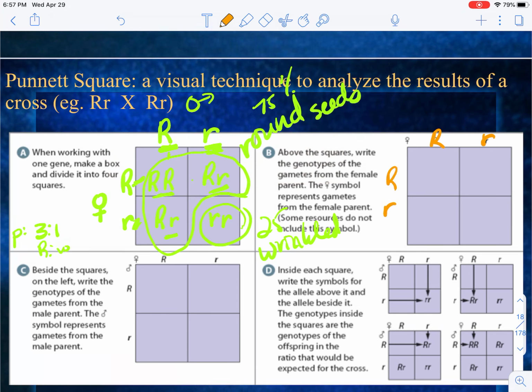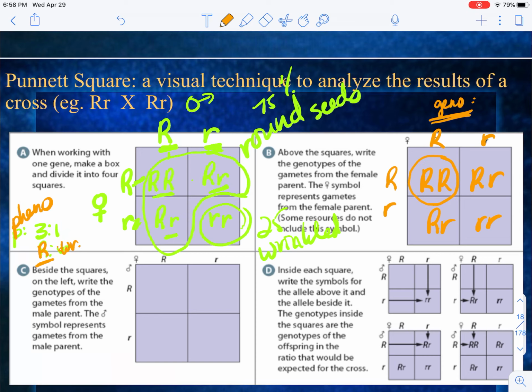Now, if we are looking at the same exact cross, and if someone has asked you to tell what the genotype of the babies are, that is different. If it was phenotype over here, you're just looking at physically what the offspring were. 3/4 would be round and 1/4 would be wrinkled.